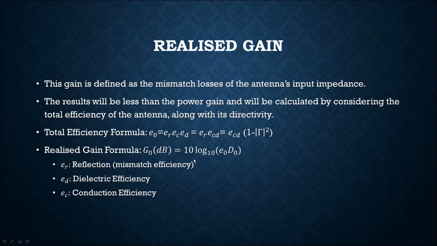The dielectric and conduction efficiencies are usually grouped since they are measured together and known as this term. And the total efficiency may now be written as this equation. Therefore, if you calculate it using the total efficiency and the directivity, that's where the realized antenna gain formula is this equation right here.